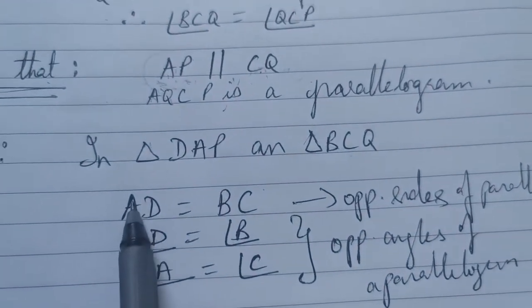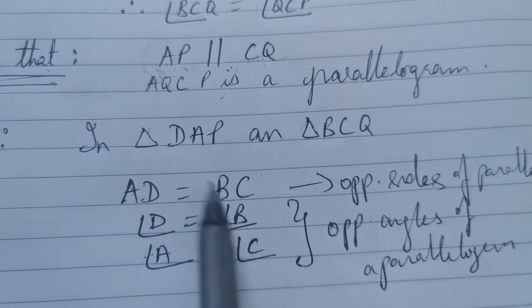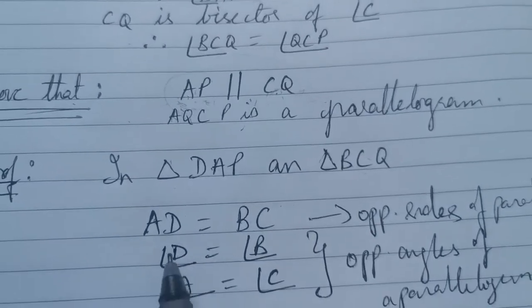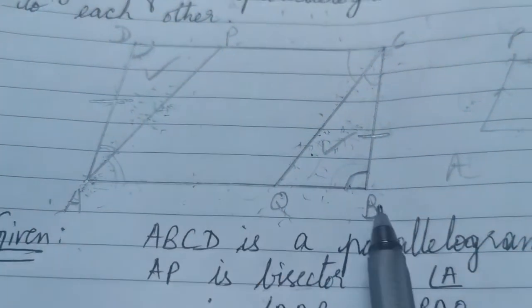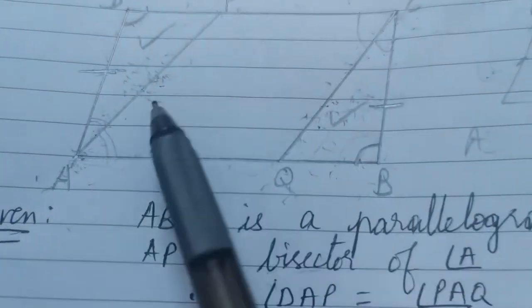Now, AD and BC are present in these two triangles. Angle D and angle B are also present fully in these two triangles. But angle A and angle C are not present fully, only their halves are present.